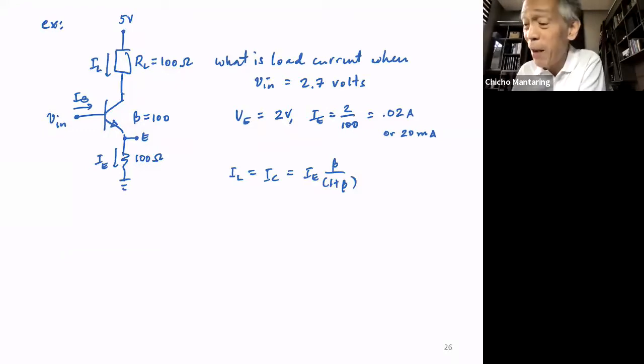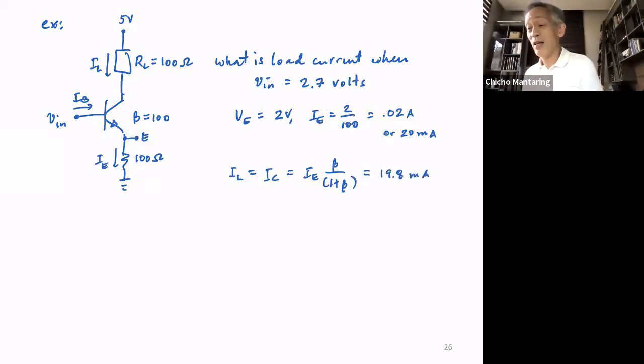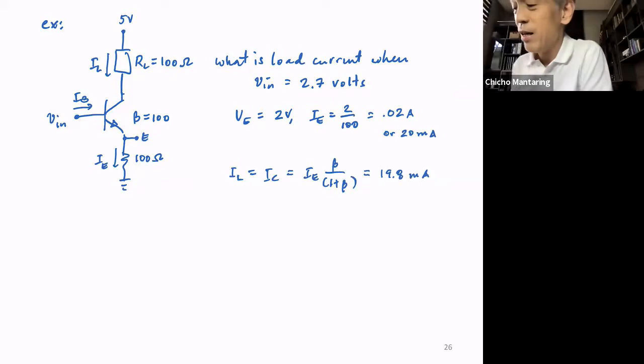Tandaan lang ninyo ano yung dapat mas malaki, no? So IC is smaller, so you should multiply IE by a number that is less than 1, no? So if I do this, I'm going to get IL is 19.8 mA.